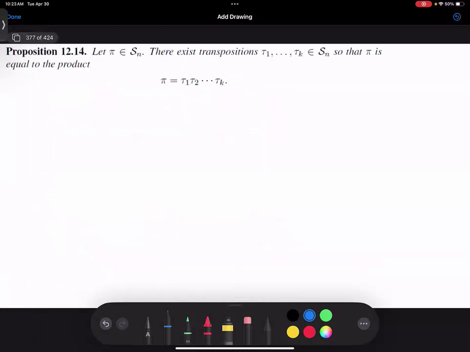And so the big theorem is that, given any permutation, I can write it as a product. This does not say that the product is unique. And so we might be concerned later with, is there more than one way to do this? And if so, what different properties will they have?